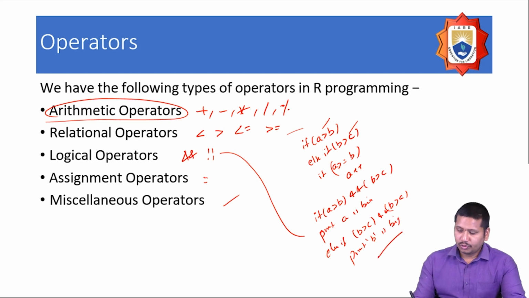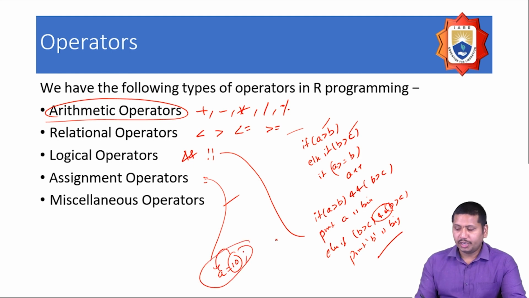So if I want to check more than one condition, I have to make use of logical operators. And assignment operators are used if I want to assign some value to a variable, which is treated as an assignment operator here.